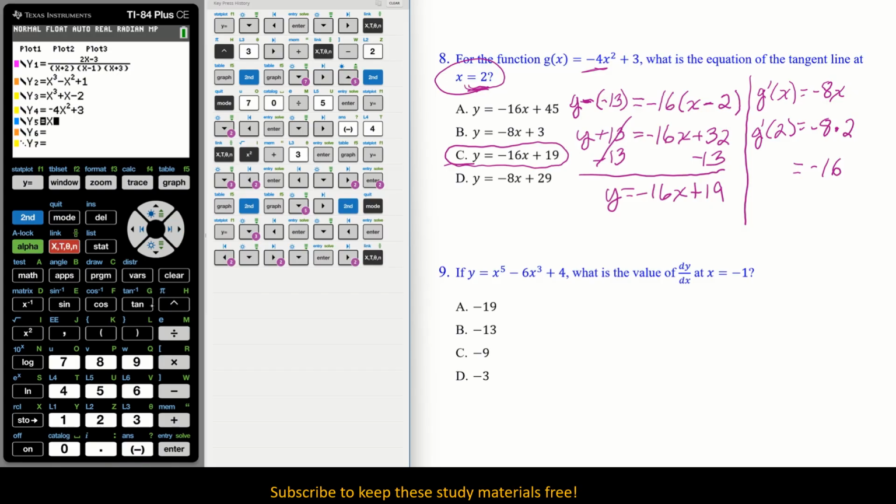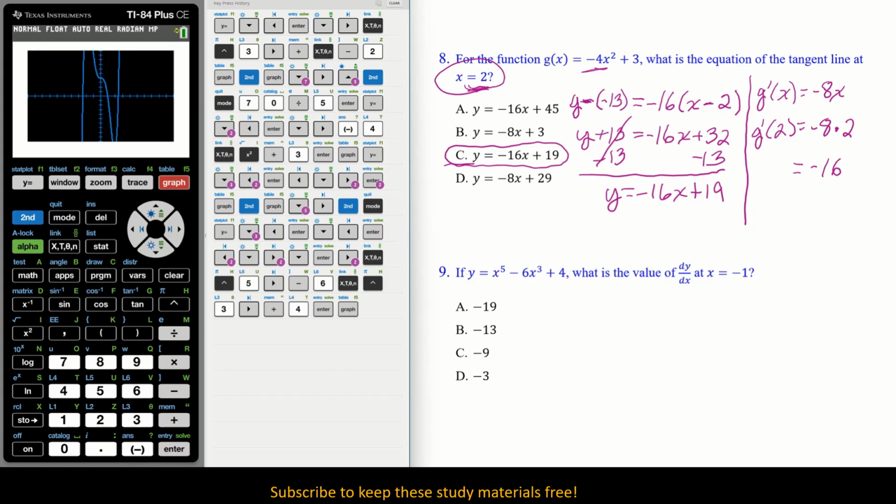Okay, so we have x carried up to the 5. We have to arrow over and then minus 6. And then we have x, and that's carried up to the 3rd. And we have to arrow over again and then plus 4. Okay, and I like to enter for good measure, give it a graph. Why don't we change that color so it'll pop a little more?